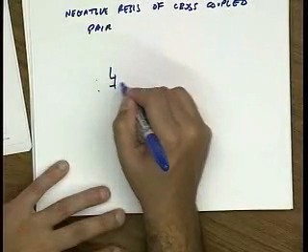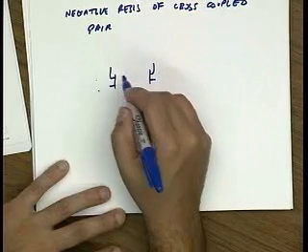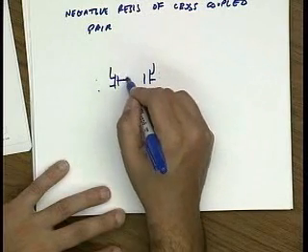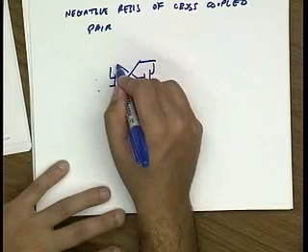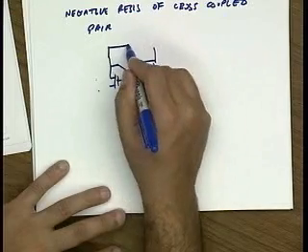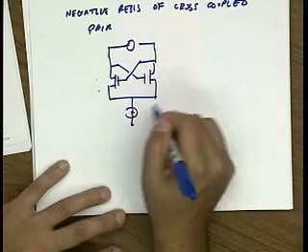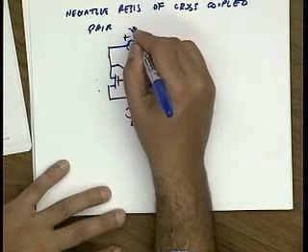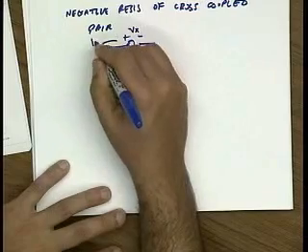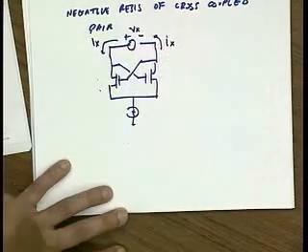You can do it either with a current source or a voltage source. But it's fundamentally a differential circuit. So I'm going to apply a differential voltage here, Vx, and measure the differential current, Ix.